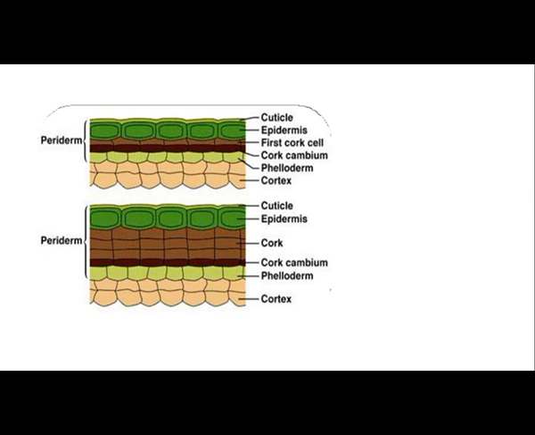Those cells formed toward the inside differentiate into parenchyma, and these cells are called the secondary cortex or phelloderm. So phellogen, that is your cork cambium, phellem, that is your cork, formed toward the epidermis, and phelloderm, that is your secondary cortex, formed toward the inner side, are collectively known as the periderm. All the tissues outside of the cork cambium, that is cork and tissues which become dead, are called the rhytidome.